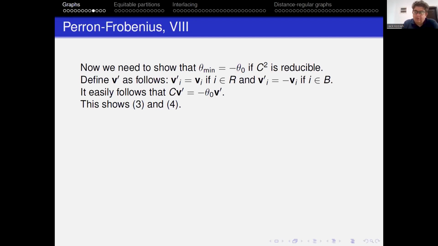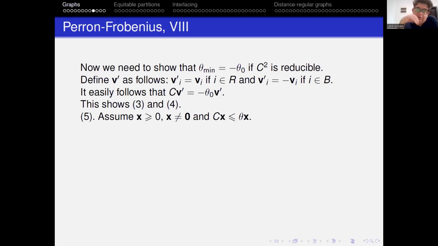And this shows that we have 3 and 4. Yes, the graph T is bipartite, and therefore, if it is reducible, then you must have that theta min is minus theta 0. And this shows 3 and 4.